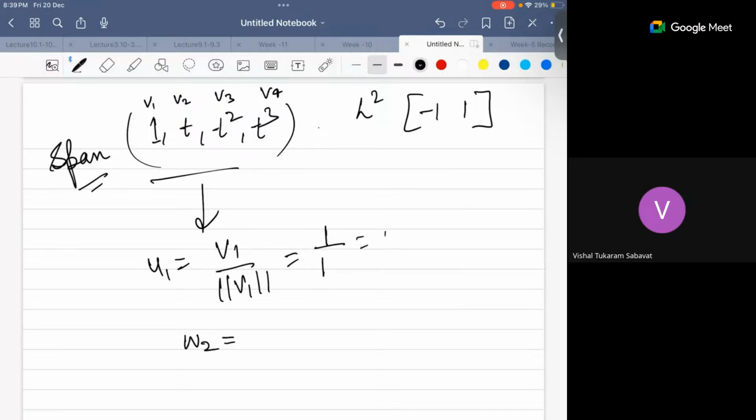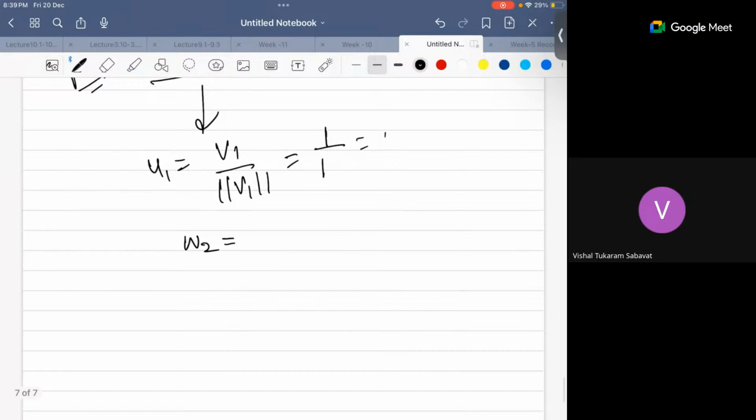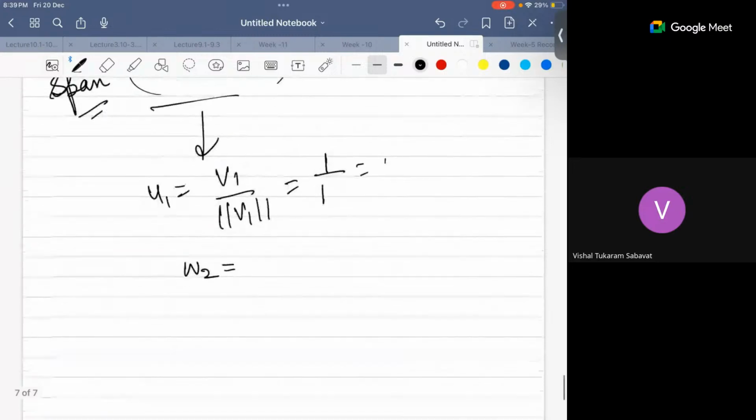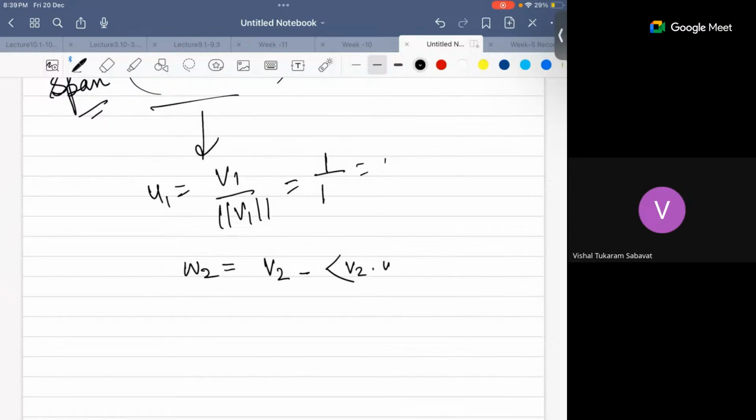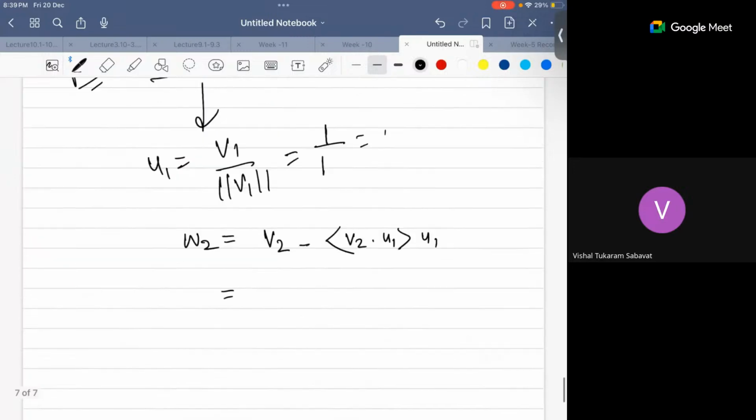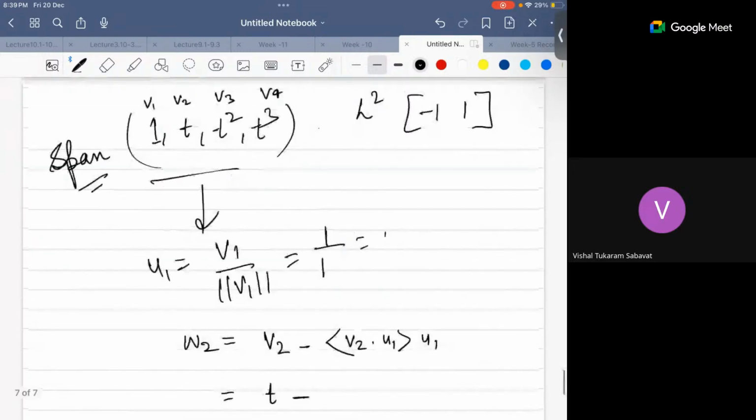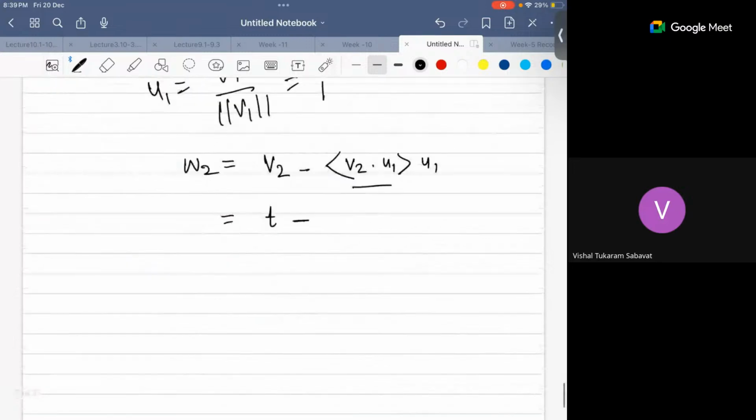What is v2? v2 is t, right? So t minus the dot product of t with 1. How do you calculate the dot product? The integral from -1 to 1.